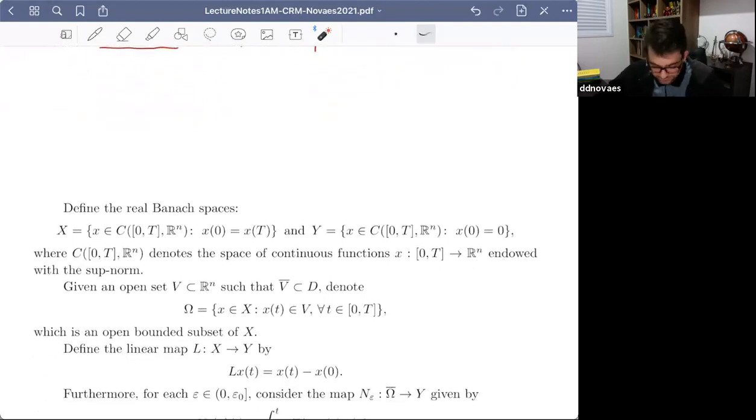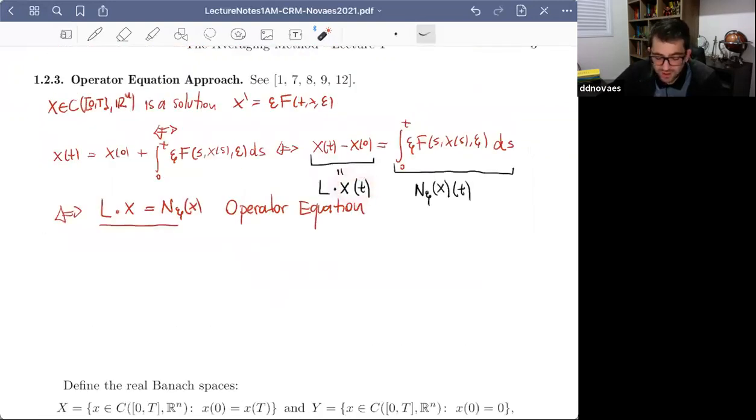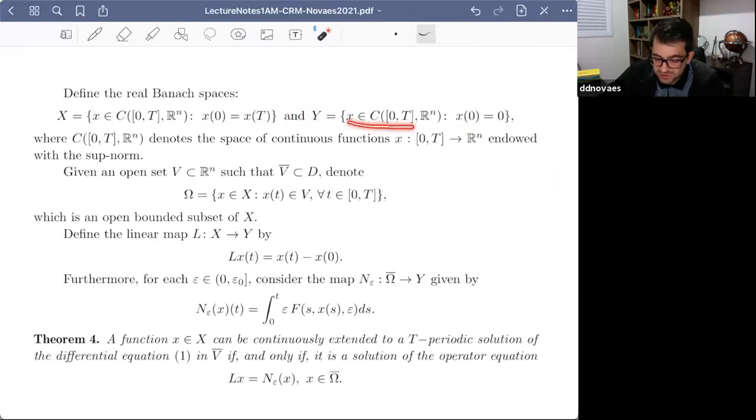Just to state it, because I'm going to use it in the next class, X is the Banach space of continuous functions such that x of 0 is equal to x of T, and Y is the codomain, because the image of a function by L always has the property that for t equals 0, it's 0. So that's the space Y, the set of continuous functions such that x of 0 is equal to 0. So X and Y are Banach spaces with the sup norm.